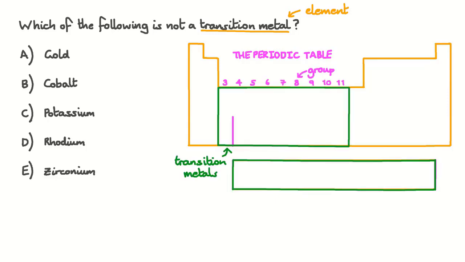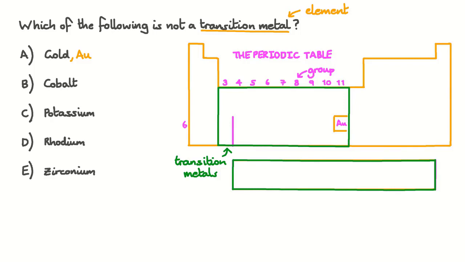The elements inside the green area are generally known as transition metals, and the ones most people talk about are in groups 3 to 11 of the periodic table. Now, let's see which of the elements listed actually lie inside the area. If you look carefully, you'll find the entry for gold in group 11 and period 6.